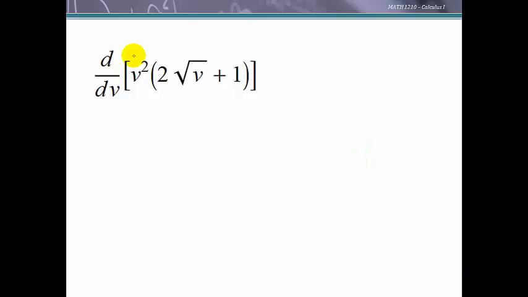Here we have two functions of product. Our first function is v squared, and our second function is 2 square root of v plus 1. So to compute this derivative, we have the first function multiplied by the derivative of the second function, and computing the derivative of the second function, this is 2v to the 1/2 plus 1, and we know the derivative of the sum, we can differentiate each term.